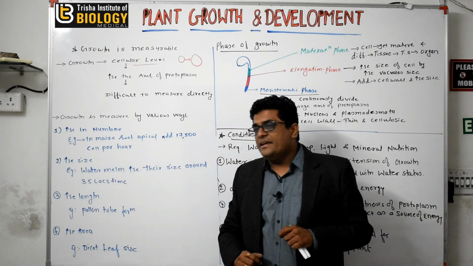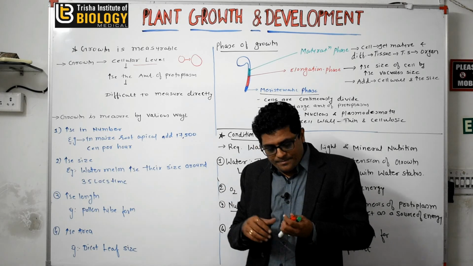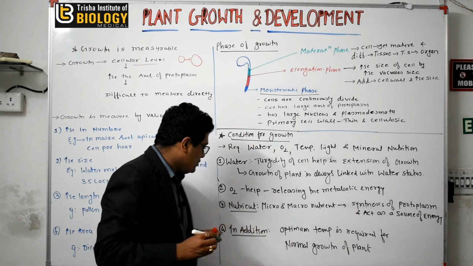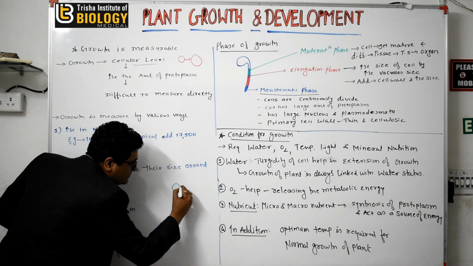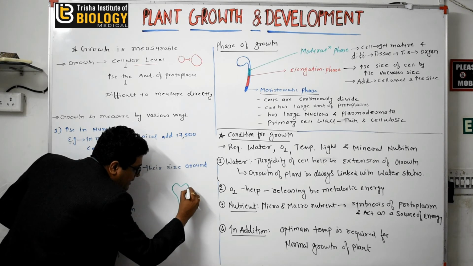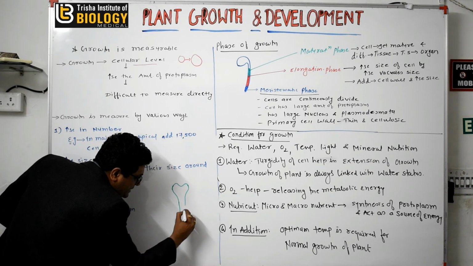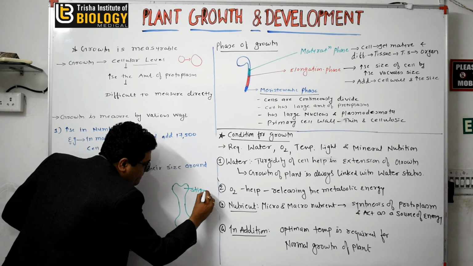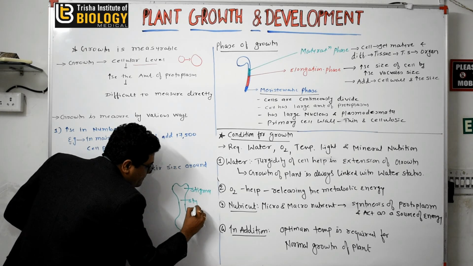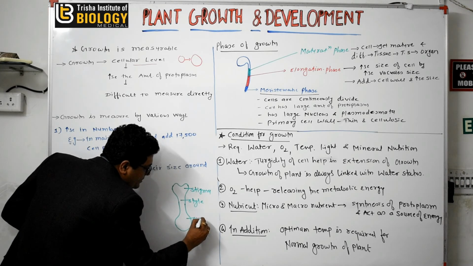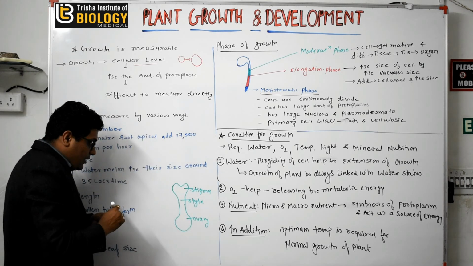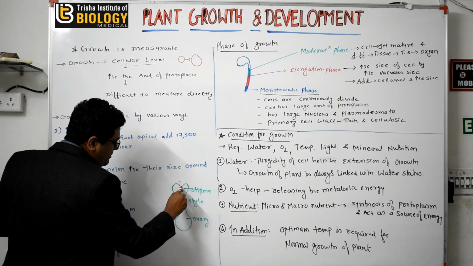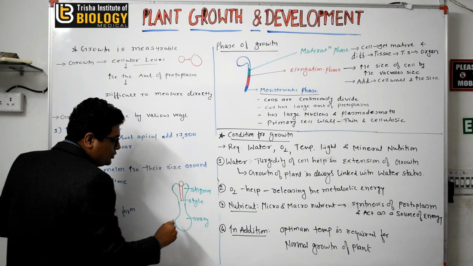In the same way, growth in length, for example pollen tubes. We know that this is the gynoecium, and the gynoecium has the stigma, style and ovary. When pollen grains are received by the stigma, they develop pollen tubes.